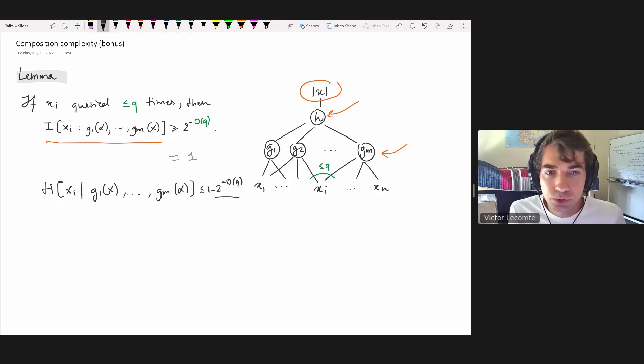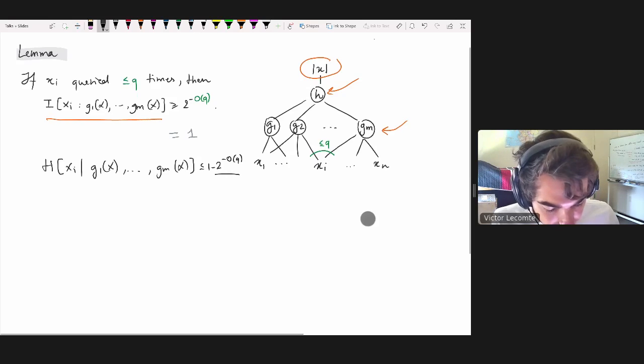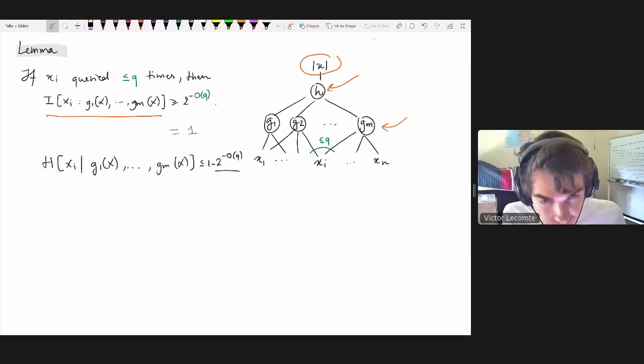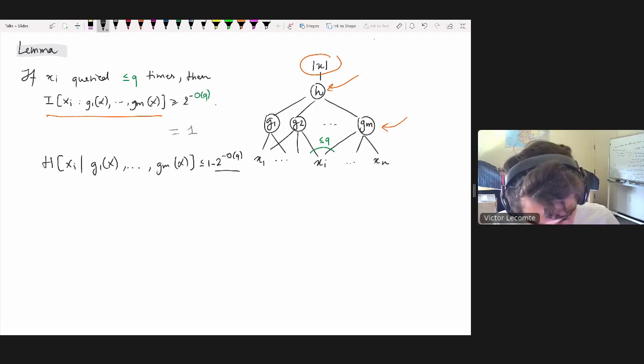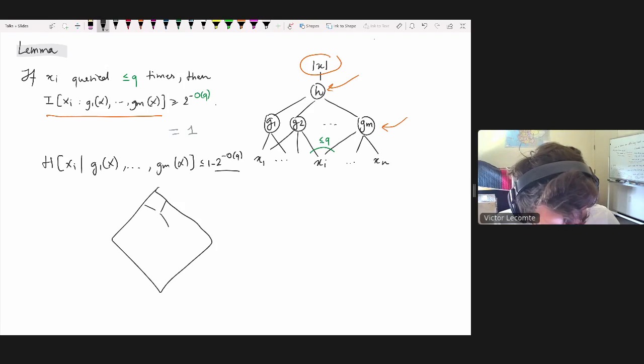The setup of the proof is very similar in spirit to the proof of the baby version of the lemma with q equals 1. The first step is to ask this kind of weird question of what if we only knew the result of the subfunctions that do not query xi. To formalize that, or at least hand wave in a slightly clearer way, we're going to split the hypercube {0,1}^n into subsets depending on the value of g2 through gm.